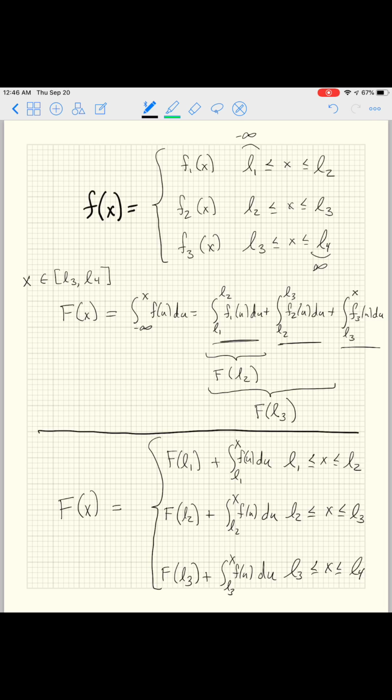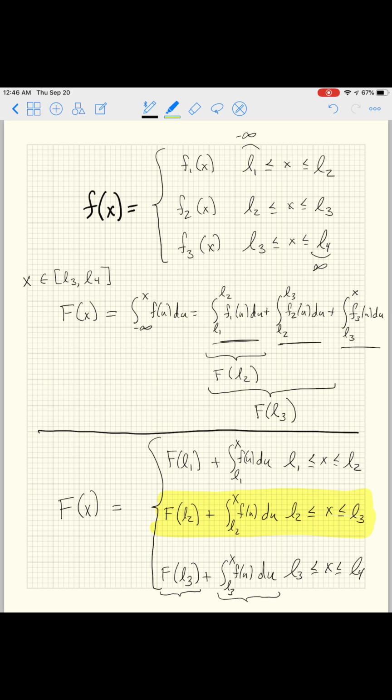Most students get most of this column right on their own, although they often forget the limits of integration. And then the next thing they forget is to include these contributions that come from the previous pieces. But if you just remember this basic formula for all of the pieces, then you don't have to go through a lot of extra effort.